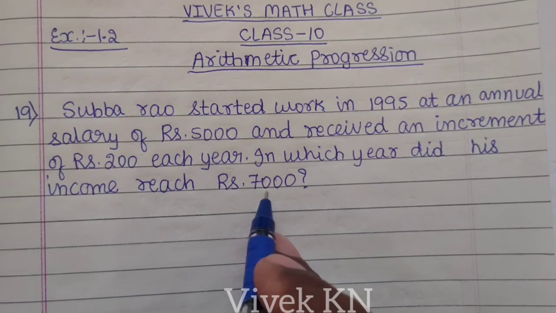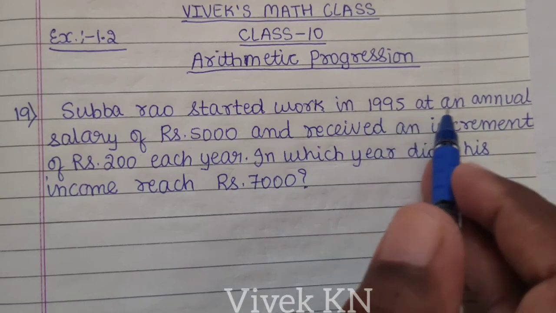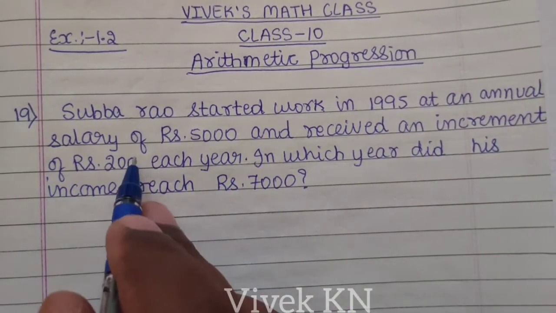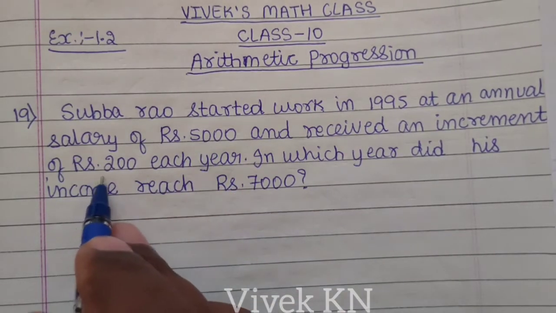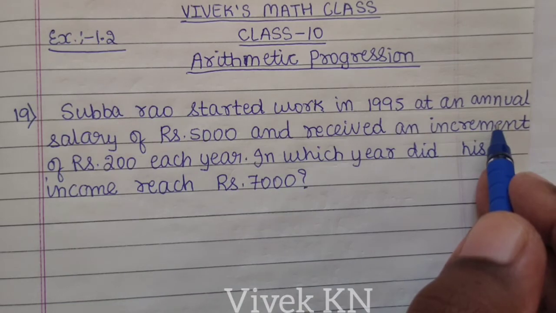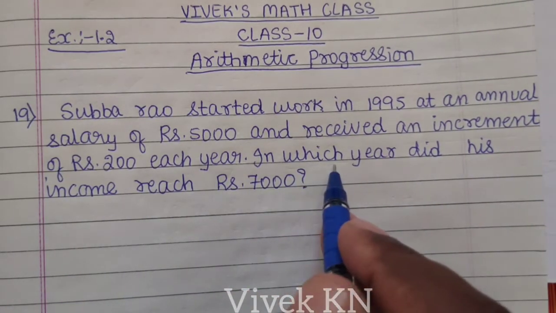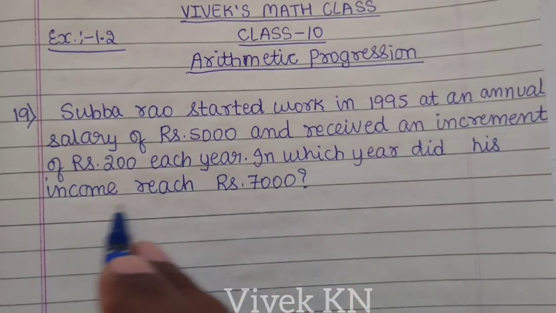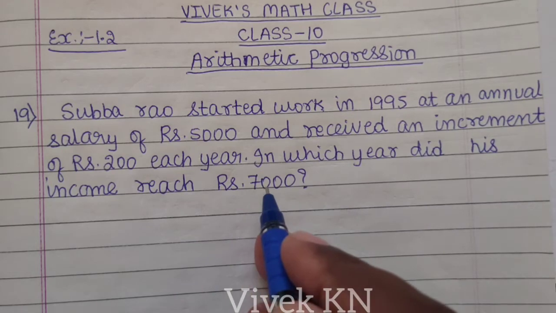In this question, Subbarao started work in 1995 at an annual salary of 5,000 rupees and he receives rupees 200 each year as an increment. Now we have to find out in which year his income reached rupees 7,000. So let us solve this problem.